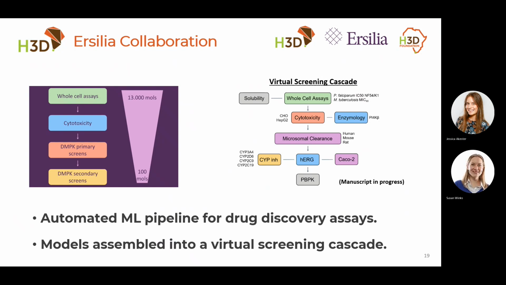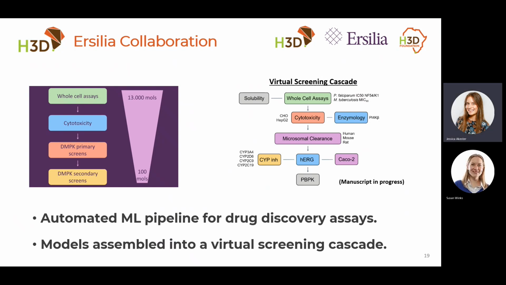Are we affecting the enzyme or the target we're going for? Then moving on to a little bit of cytotox, or flags that we need to be aware of, trying to improve solubility, those sorts of chemical properties, and then moving on to the ADME properties.